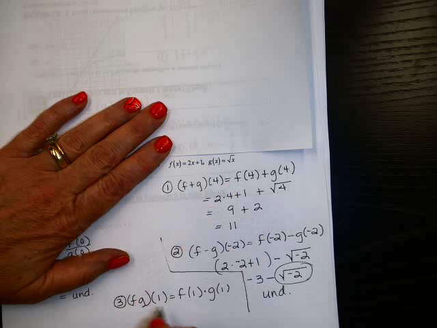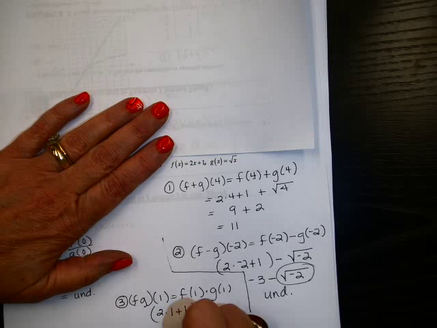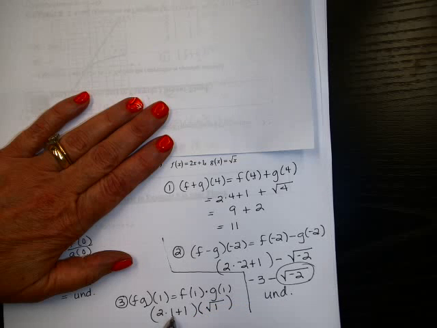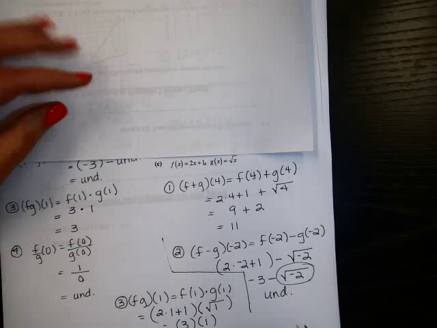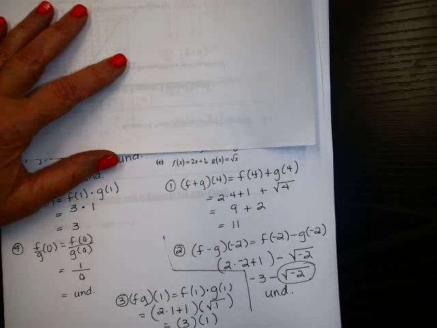So that would be f of 1 times g of 1, put the 1 in there. 2 times 1 is 2, plus 1 is 3. The square root of 1 is 1. That equals 3. So you just substitute them into each of those equations.